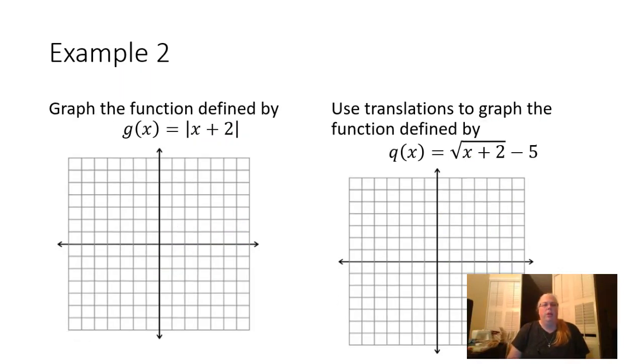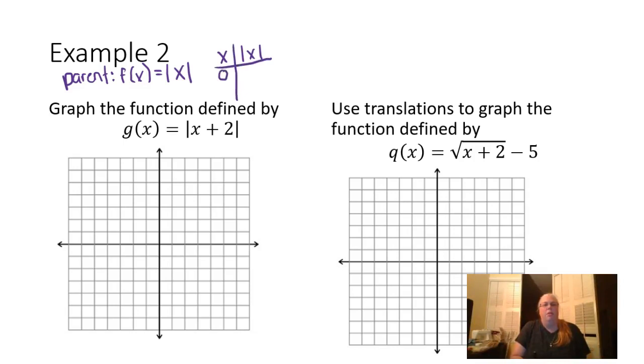Example 2. Graph the function defined by g of x is equal to the absolute value of x plus 2. All right, the parent function is the absolute value graph, the absolute value of x. Now I know that the absolute value graph contains the following points.